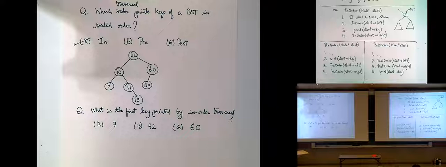What is the first key printed by an in-order traversal? What's the answer? What is the first key printed?